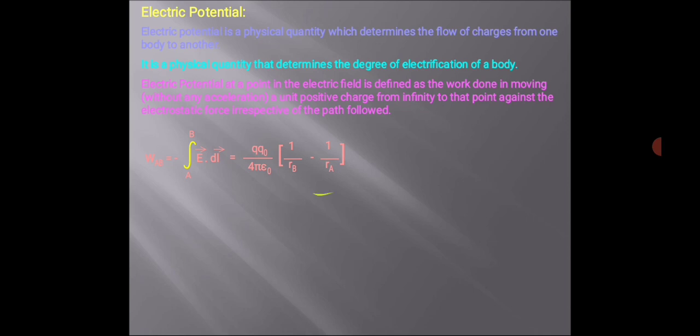Now you can see this is the work done formula. Work done to move the charge from point A to B, integration of vector E dot dl from A to B, and when we integrate it, we will get q naught upon 4 pi epsilon naught, 1 upon rb minus 1 upon ra.